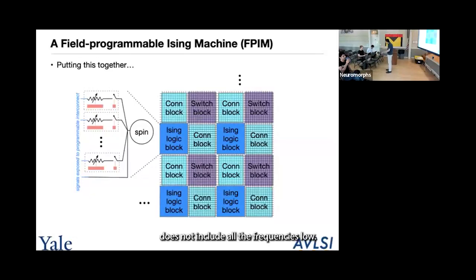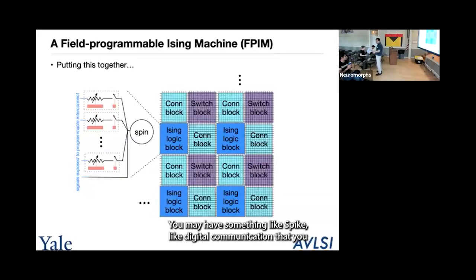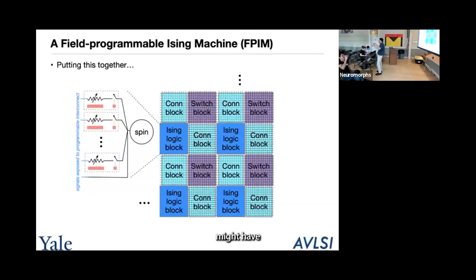Run all the frequencies slow, and everything works. The other thing you could say is let's run it high, then maybe you may have some spike-like digital communication between them. All the usual tricks are available. That's basically the setup.